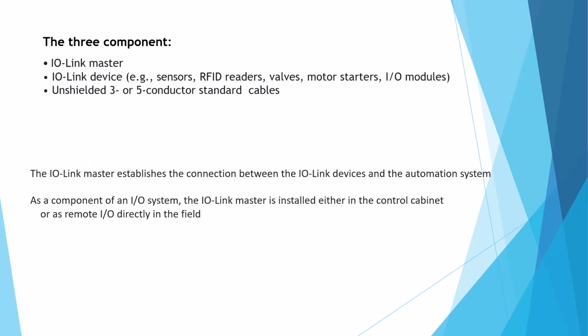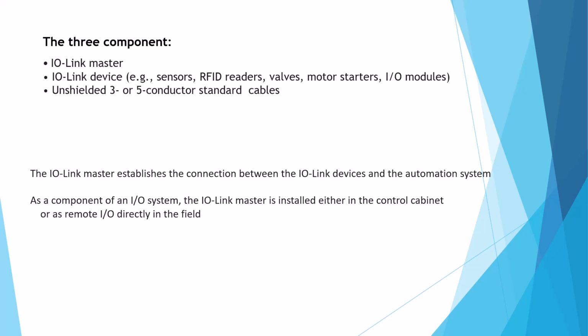IO-Link includes three components. The important one is the IO-Link master. Another one is the IO-Link device, including sensors, valves, motor starters, and I/O modules. Another one is the cable.